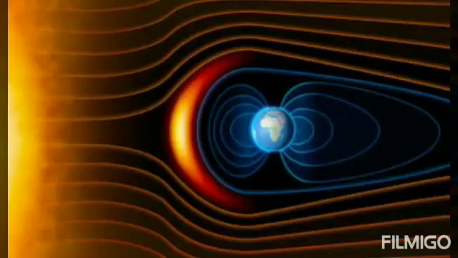It is again due to the incoming solar wind. So, the magnetic field which faces the Sun is called the sunward side. It is 63,000 kilometers in length, and the side which faces away from the Sun is 63 lakh kilometers. That is the trailing side. This is the space dominated by Earth's magnetic field.